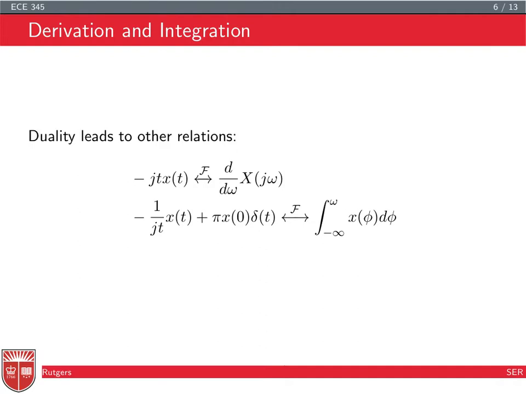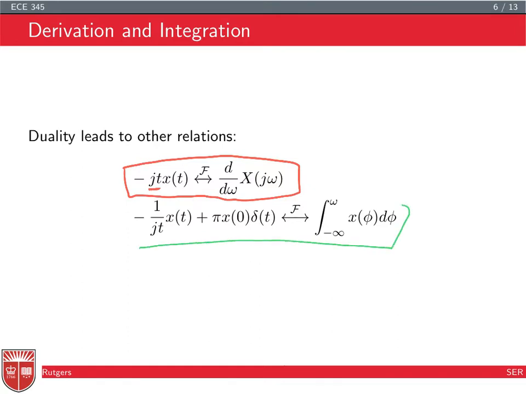For example, we've done derivative in the time domain and integral in the time domain, and here we have two properties related to the derivative in the frequency domain, which is essentially multiplying by minus jt in the time domain, and a property on integration in the frequency domain, which is essentially a division by jt, or by a negative jt, plus the constant here.